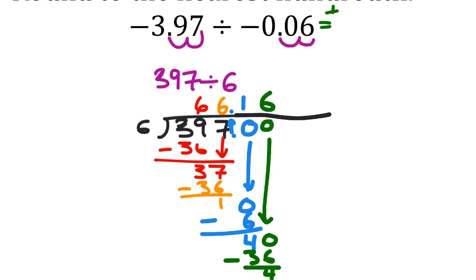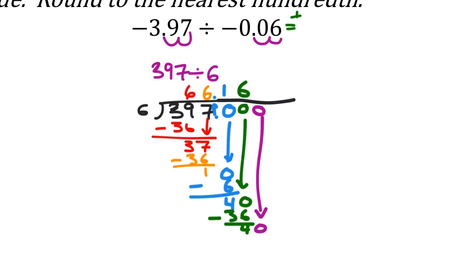Subtract and I get another 4. So I'm going to drop a 0. And yeah, some of you guys already know what's happening. If I were to work from here, yes, I'd have to have another 6 right there, right? And that gives us another 36 and another 4. And then this process at this point starts to repeat. Well, this is really as far as we needed to go because it said to round to the nearest hundredth.